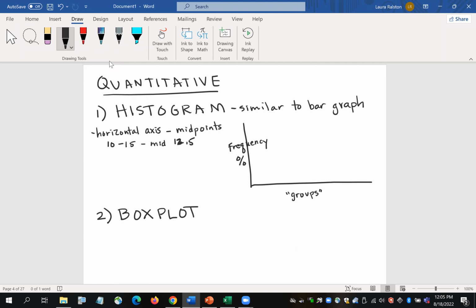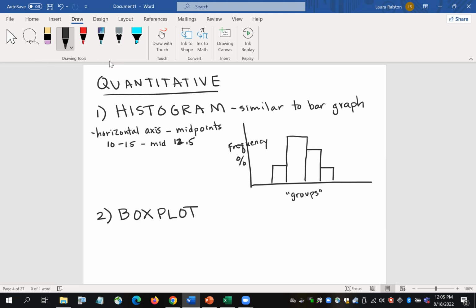The difference between a bar graph and a histogram is that with a histogram, the bars are connected because numbers in and of themselves are contiguous or continuous. I can have 1.5, 1.25, 1.05.